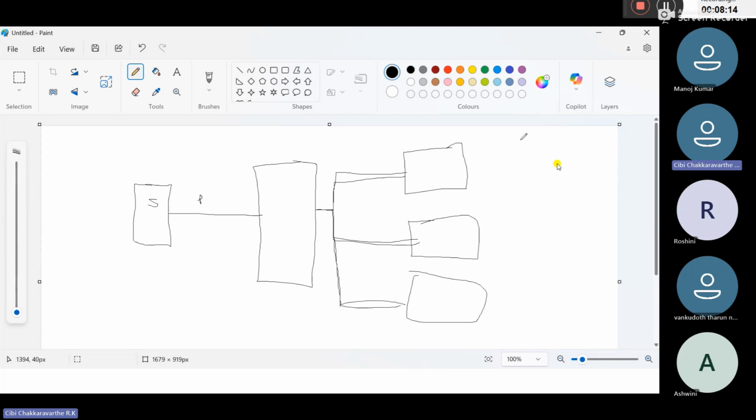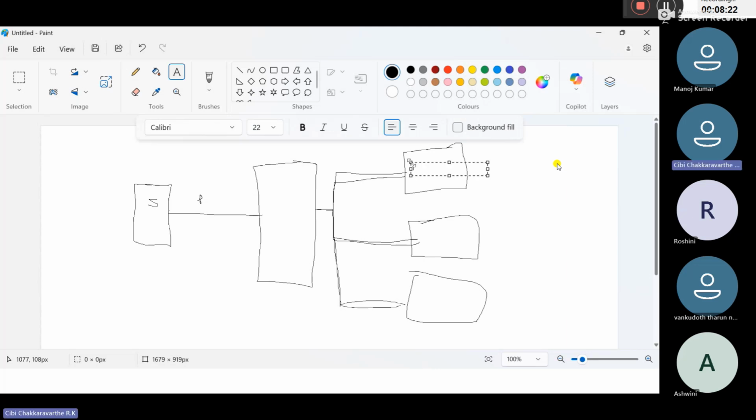Instead of considering this FIFO as a device, actually it is wrong. It is not a device, it is FIFO only. But yesterday I told you to consider it as computer one, computer two, computer three. That's a small alteration.